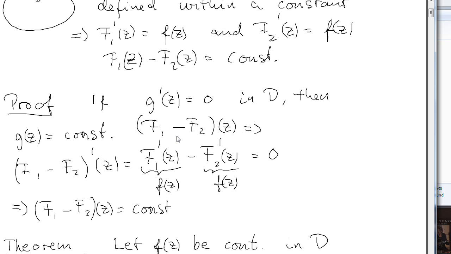The derivative of this function is the derivative of F1 minus the derivative of F2. Both of these are f of z, so this difference has to be 0. Therefore, this function must be a constant. So we conclude that F1 minus F2 of z is a constant. So this completes the proof.